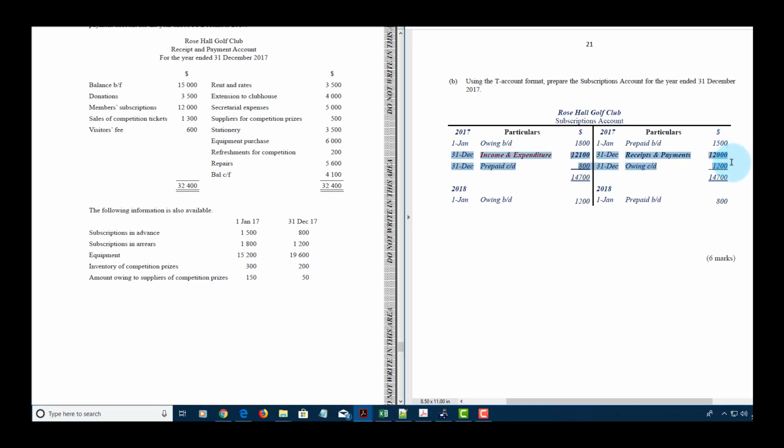Now we total the credit side, we get 14,700. We total the debit side, which at this stage would have 1,800 plus 800, which would be 2,600, and we subtract that 2,600 from the 14,700, and that would give us $12,100.